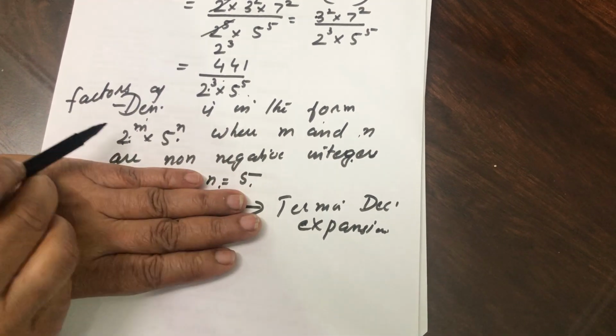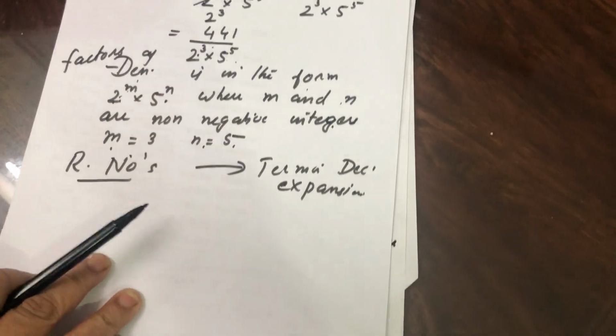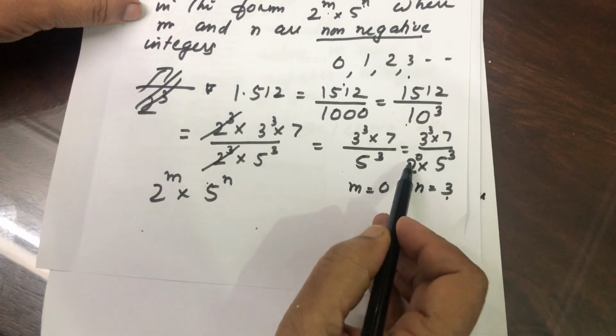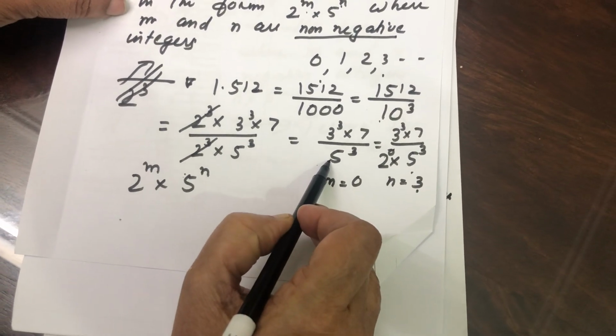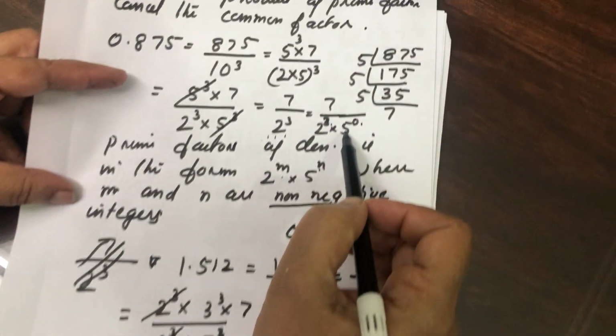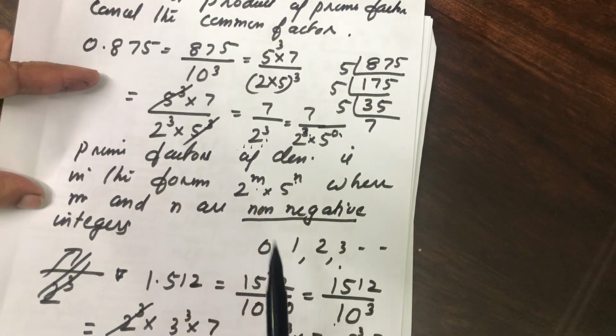When m becomes 0, 2 raised to 0, it has only the one factor 5. When n becomes 0, 5 raised to 0, it has only 2 as a factor.